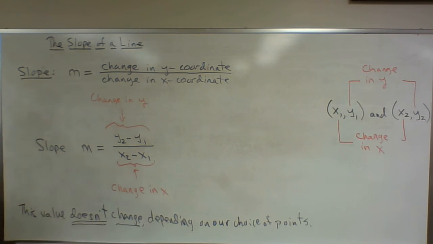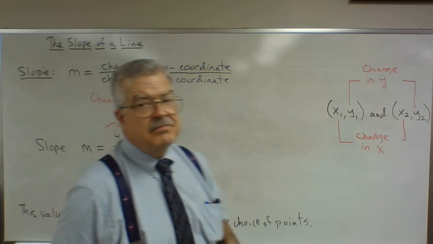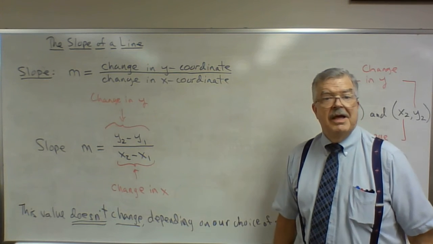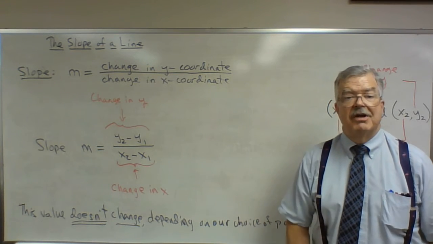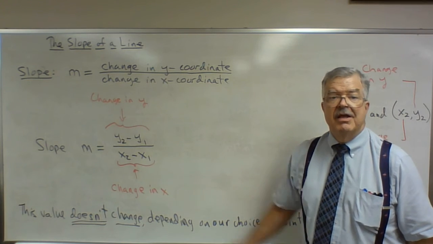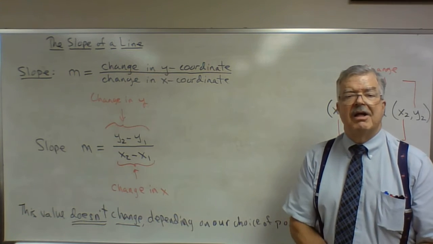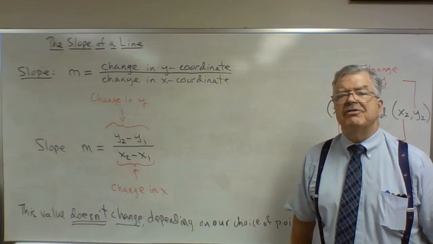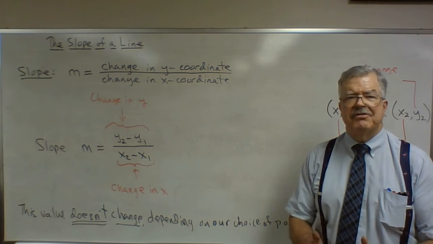You see that? This value, the slope, doesn't change depending on our choice of points. If we have a line and we pick any two distinct points on that line and compute the slope, and then take any other pair of points on the line and compute the slope, we're going to get exactly the same thing. So any two points on the line will work. And regardless of which two points we pick, we're going to get the same answer.